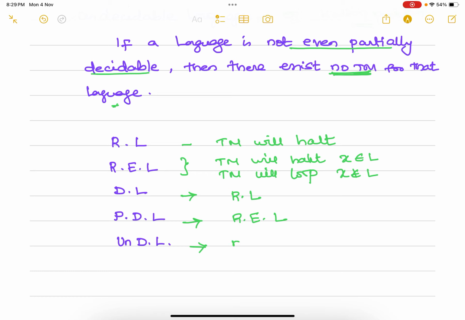For undecidable languages, no Turing machine exists. This is how we can remember all these types of languages.